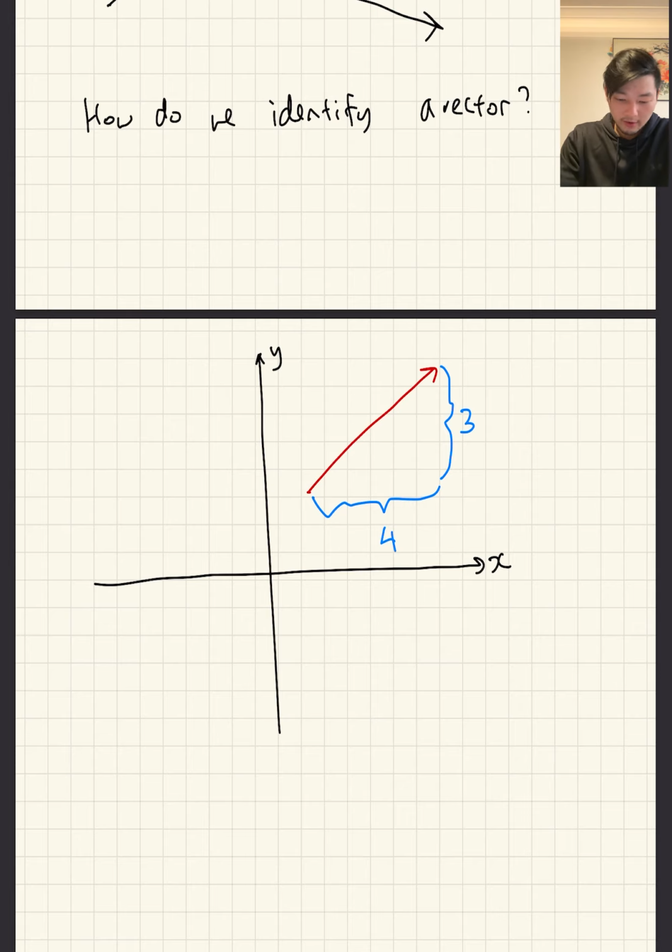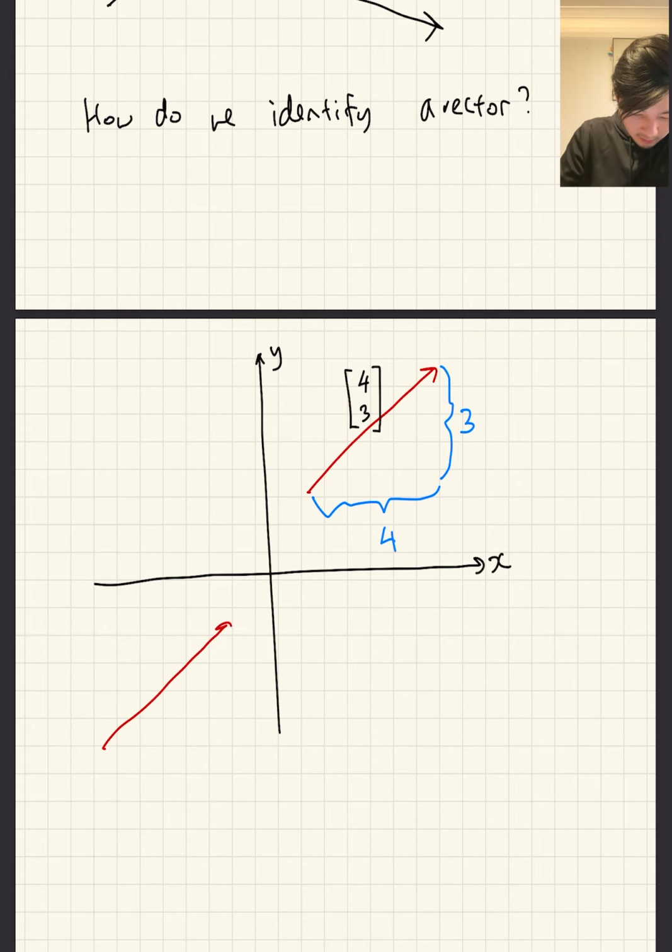We write it in column notation. We use square brackets here, and on the top we say how much it goes right by, which is 4, and how much it goes up by, which is 3. So this vector here is 4, 3. Now, it doesn't matter where on the plane we put it.